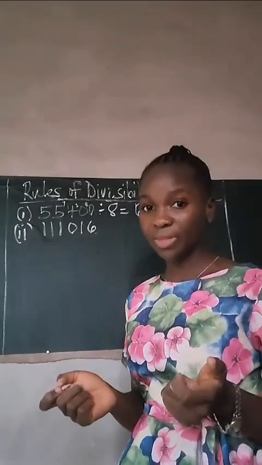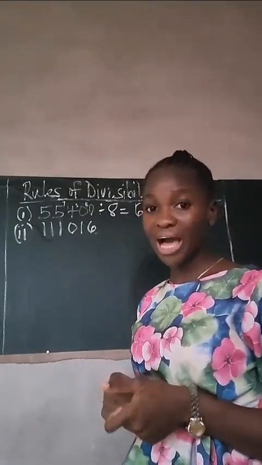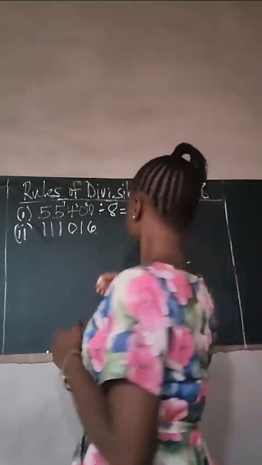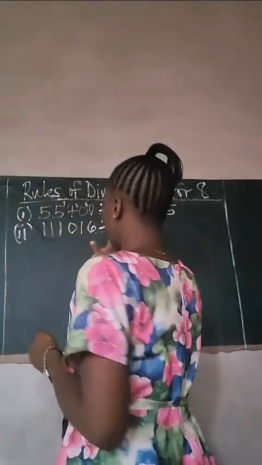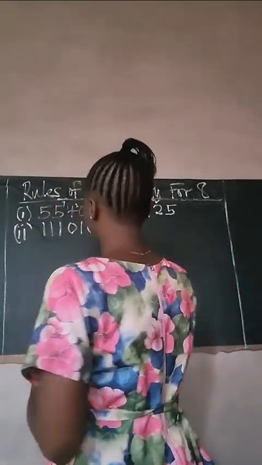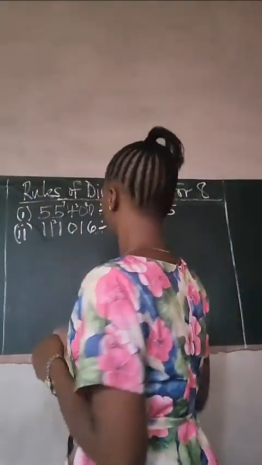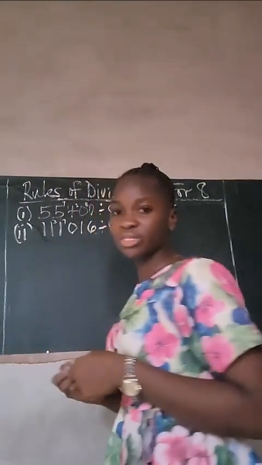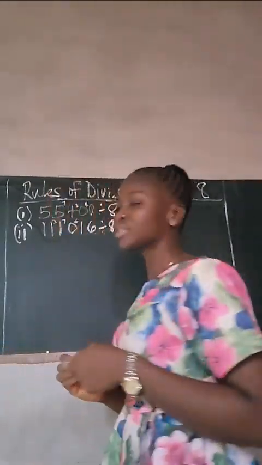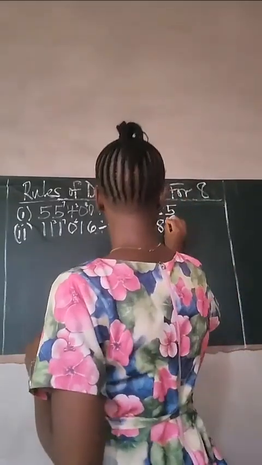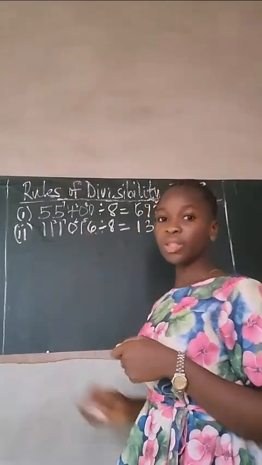So that means that 111,016 will also be divisible by 8. Let's check. In 11, we have 1, remainder 3. 31, that's 3, remainder 7. 70, that's 8, remainder 6. 61, that's 7, remainder 5. 56, that's 7.